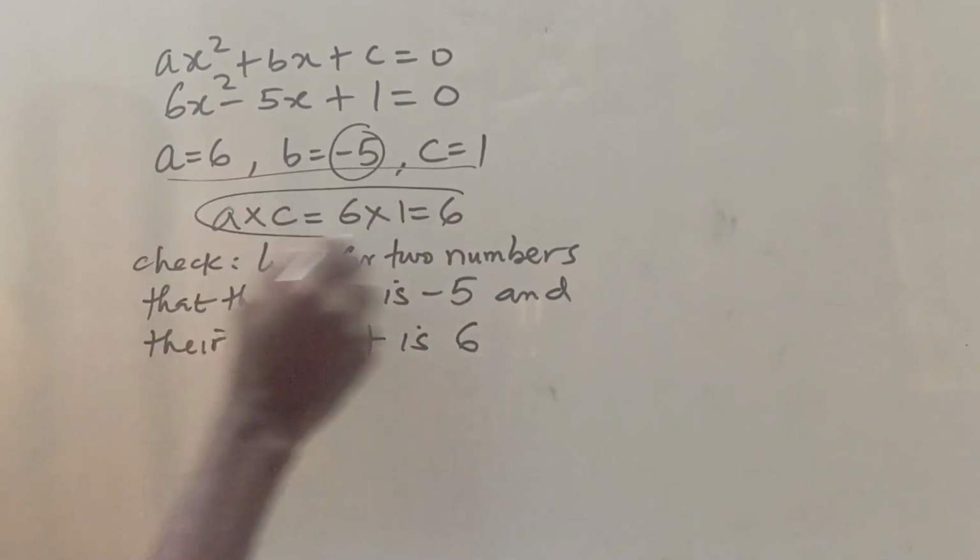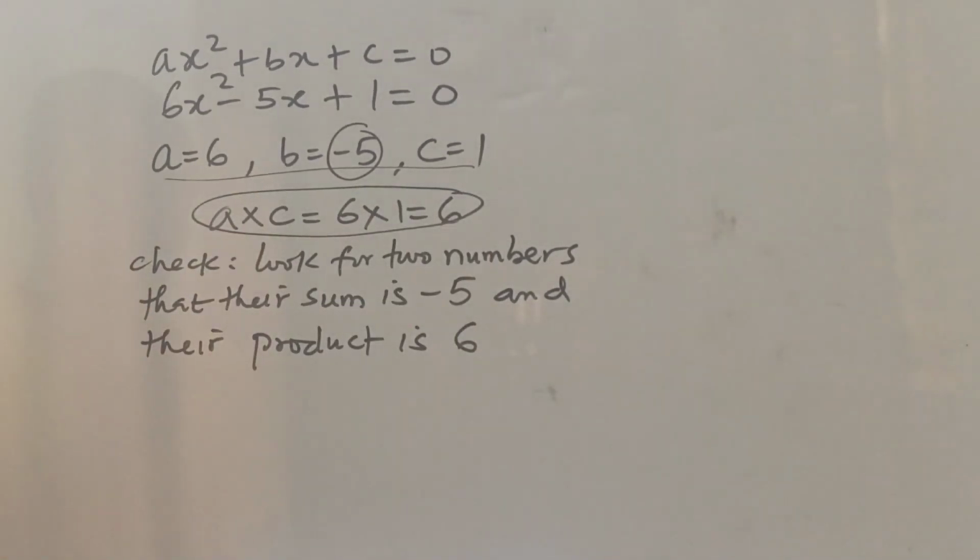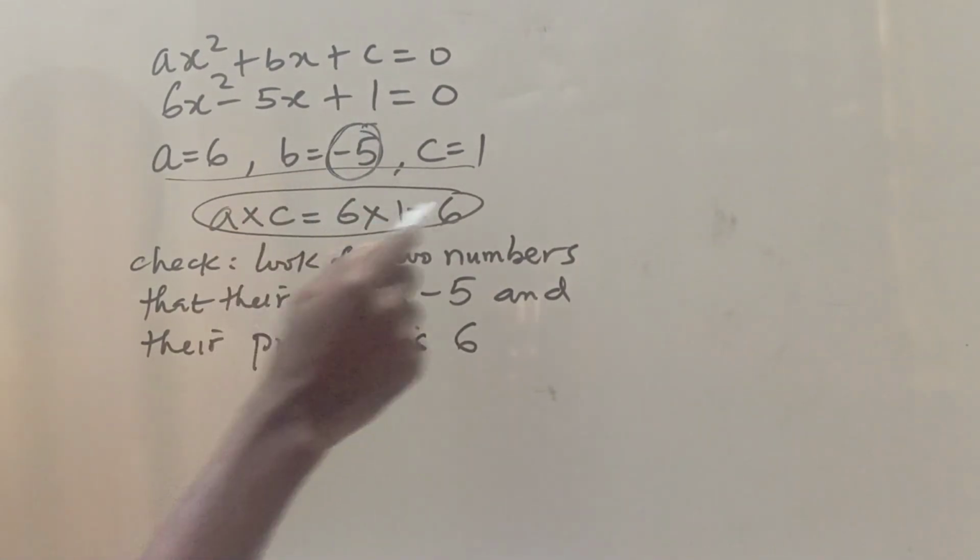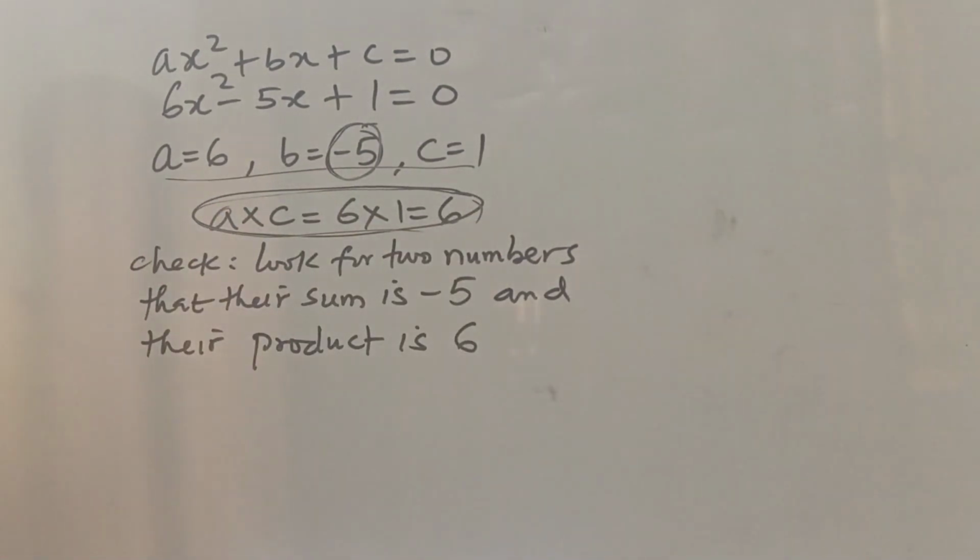That's this. So their sum will give us this, and their product will give us this. That is how to solve your quadratic equation when you're factorizing.